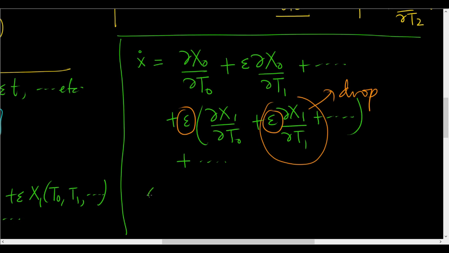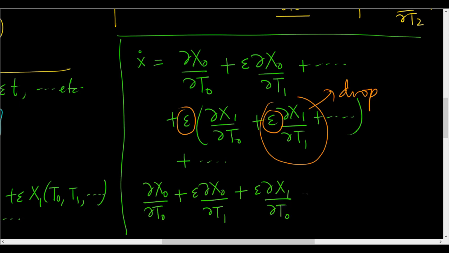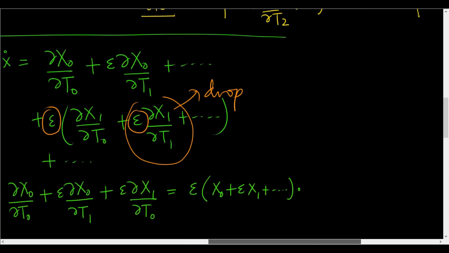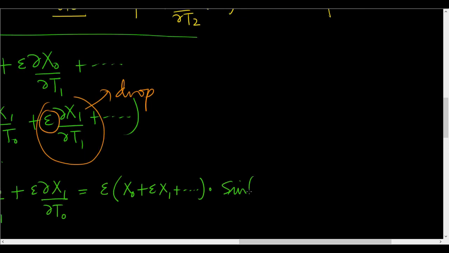We have del x0 del t0 plus epsilon del x0 del t1 plus epsilon del x1 del t0 equals epsilon times (x0 plus epsilon x1 plus dot dot dot) times the sine of (t plus x0 plus epsilon x1 plus dot dot dot).